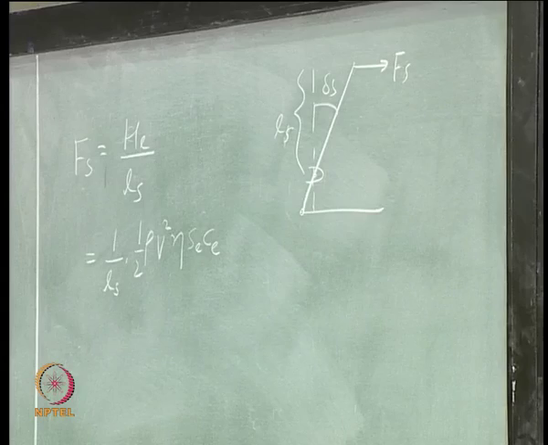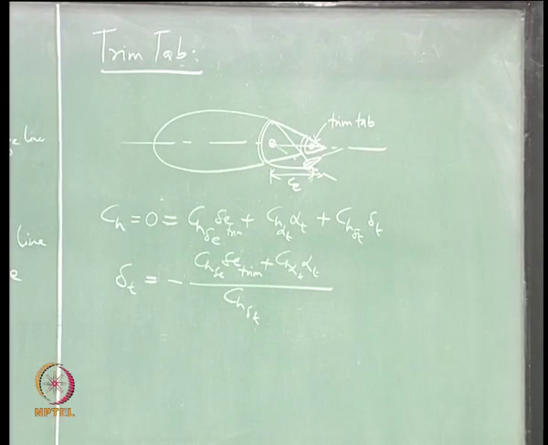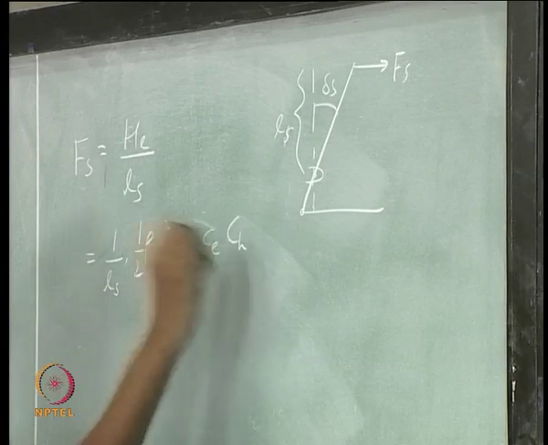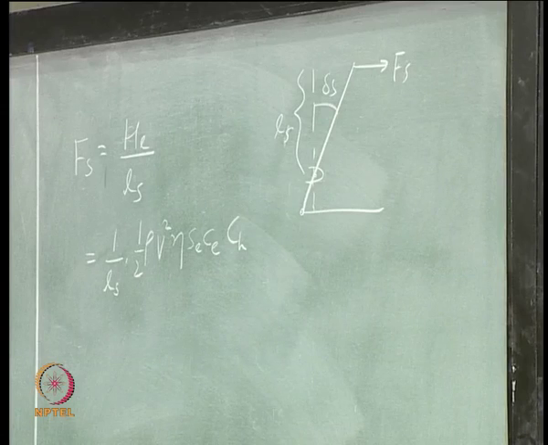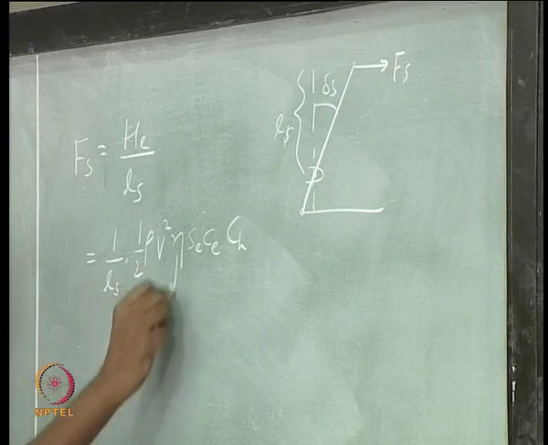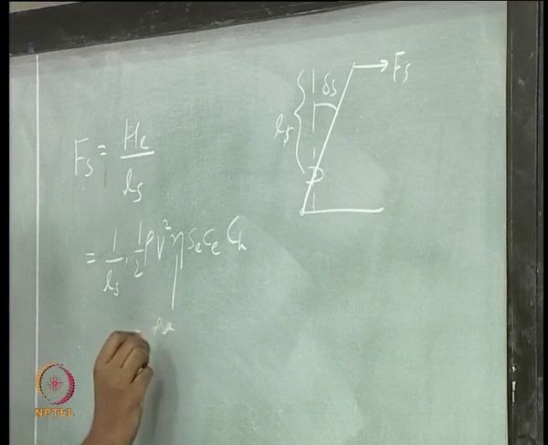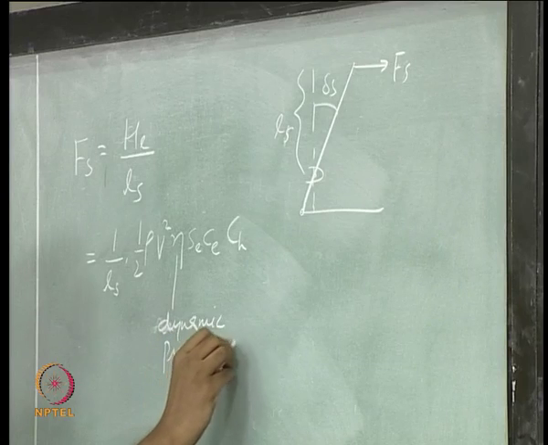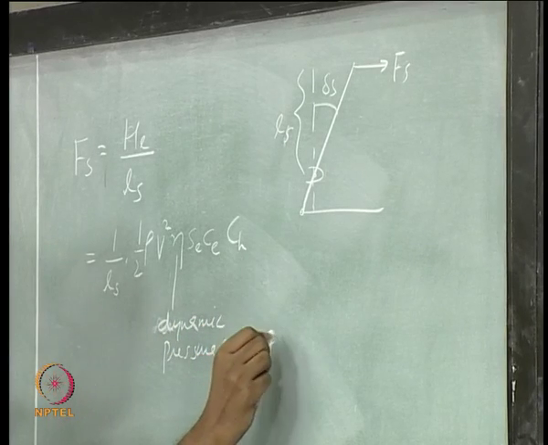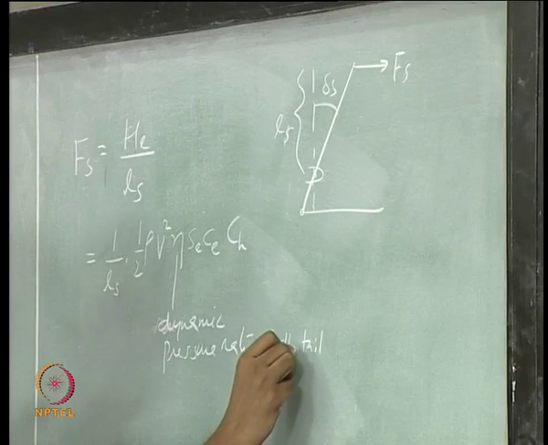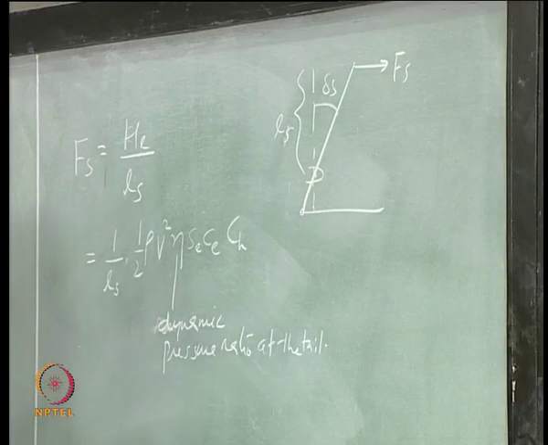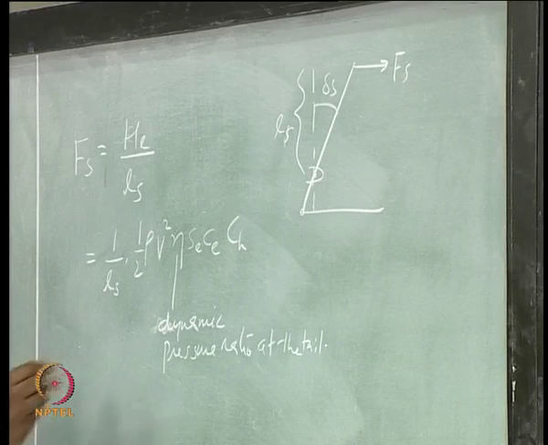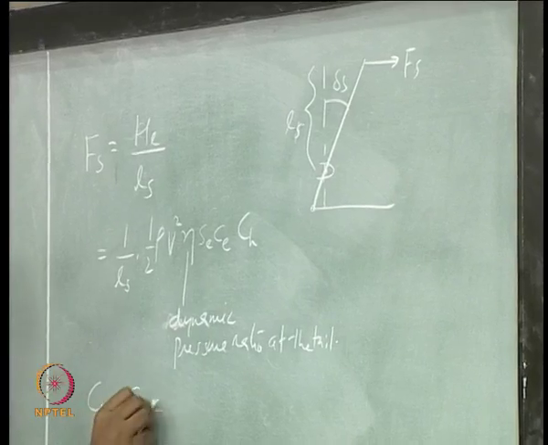C is this length into CH. So this CH is now sum of all the terms.